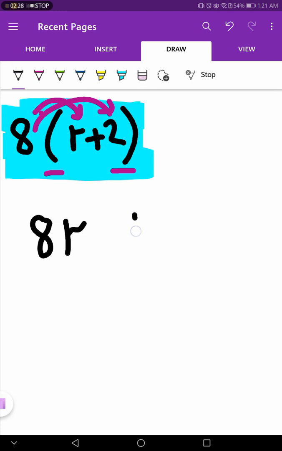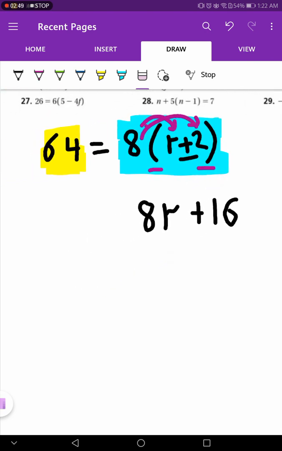So you cannot start solving this equation until breaking the parentheses, and don't miss the plus coming between them. This is the left side. It became 8r plus 16, and the right side stays; watch what happens in the right side.